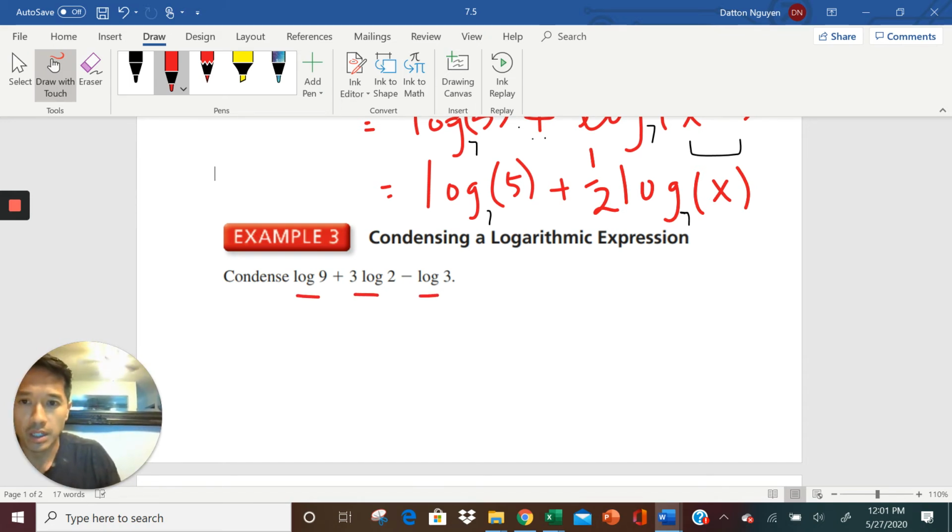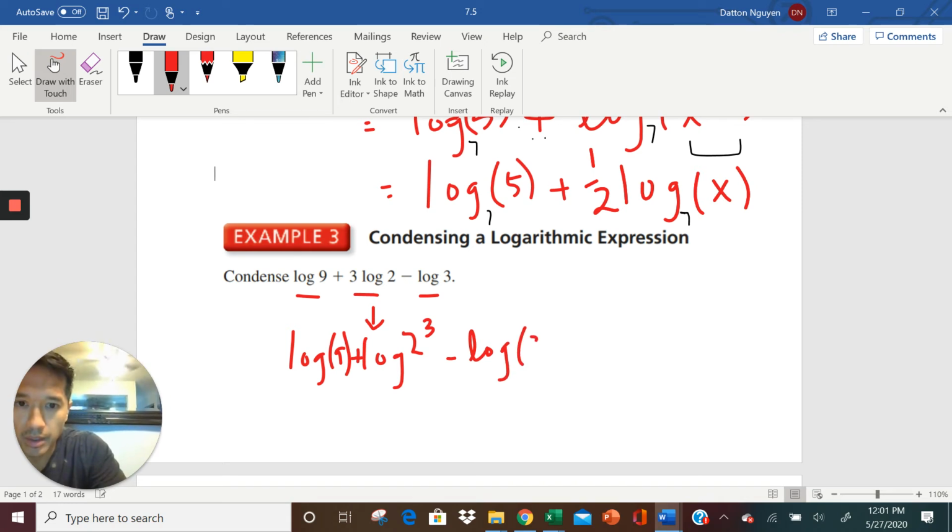So the first thing I'm going to focus on is this guy. It says 3 log 2. I'm going to change that to log of 2 to the third power. I'm going to drop down the log of 9 plus, and then minus log of 3.